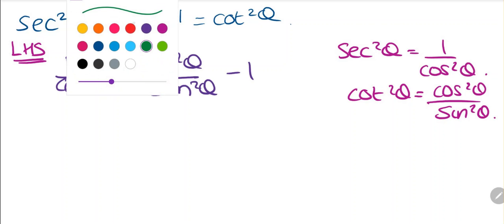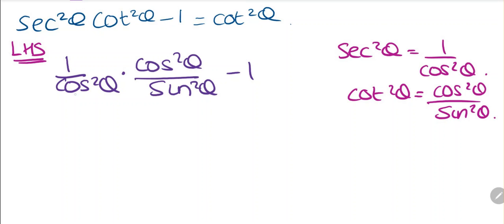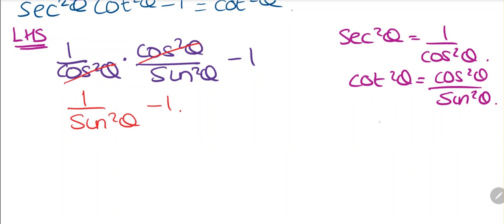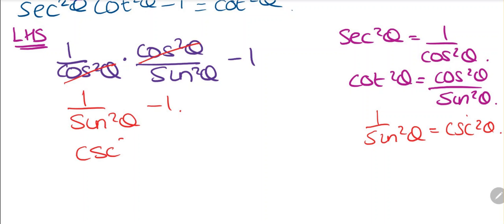So our cosines will cancel, so we have 1 over sine squared theta minus 1. So 1 over sine squared theta, we know this is cosecant squared theta, so we can write this, and this is minus 1.